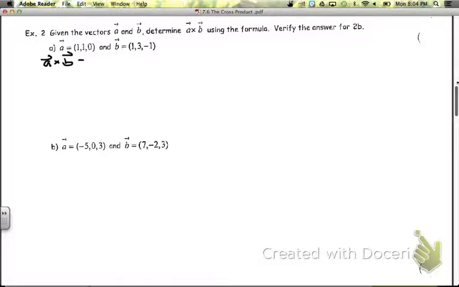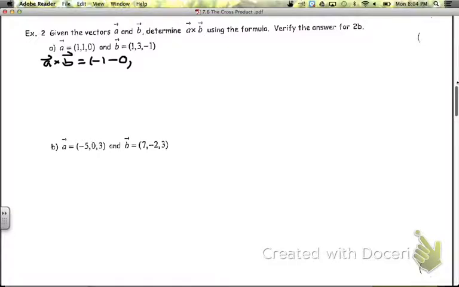Remember, when we're doing the cross product, we have our A2, which is 1, times our A3, which is negative 1, so we have negative 1, minus A3, which is 0, times our B2, which is 3, so minus 0.